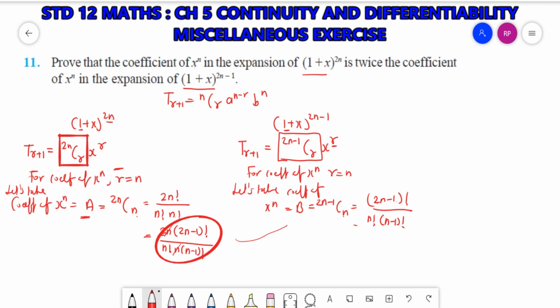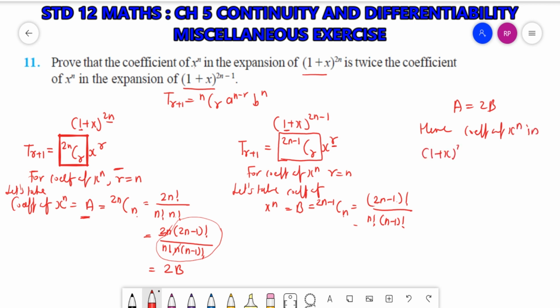So a is equal to 2b. Hence the coefficient of x^n in (1 + x)^2n is twice the coefficient of x^n in (1 + x)^(2n-1). Okay, so that was question number 11. Just note it down.